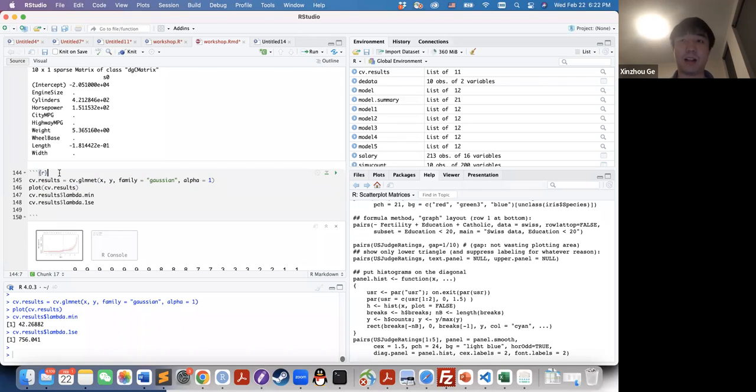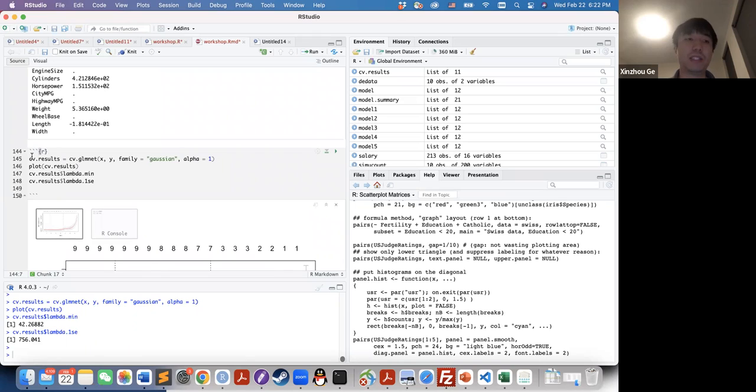And this part involves random sampling, which means that if we have different random sampling results for the cross-validation, the whole procedure will be different, and the resulting lambda will also be different. So we need to keep this in mind if we want to use this function to select the best lambda.